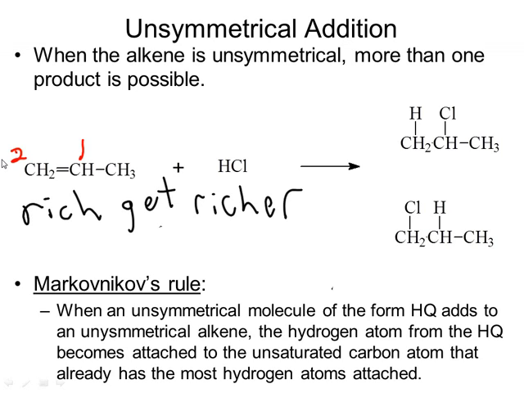So as the rich get richer, the one that has 2 hydrogens already is the one that gets the new hydrogen, giving us 1 carbon with 3 hydrogens, and this one still only has 1. It doesn't get any new hydrogens. So Markovnikov's rule says in an unsymmetrical addition, where you have an unsymmetrical alkene and can get 2 different products, the carbon that has the most hydrogens already attached gets the new hydrogen.